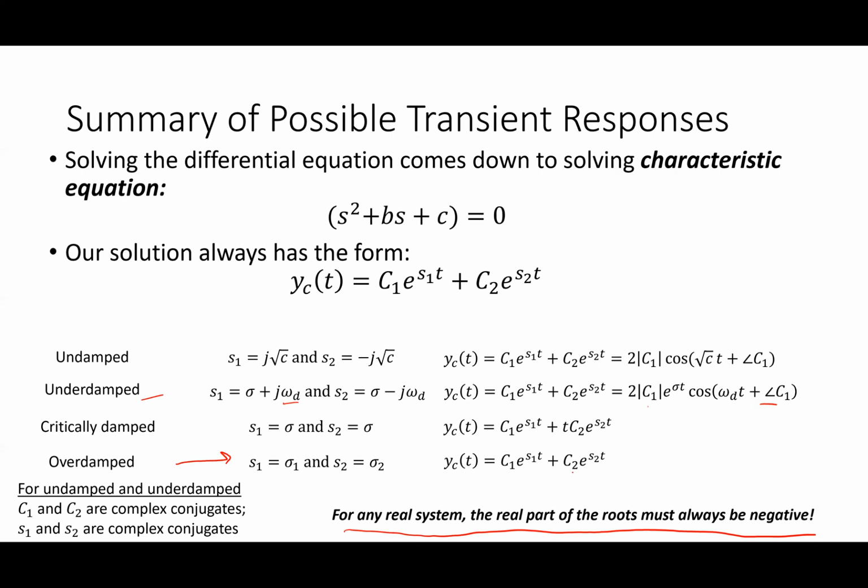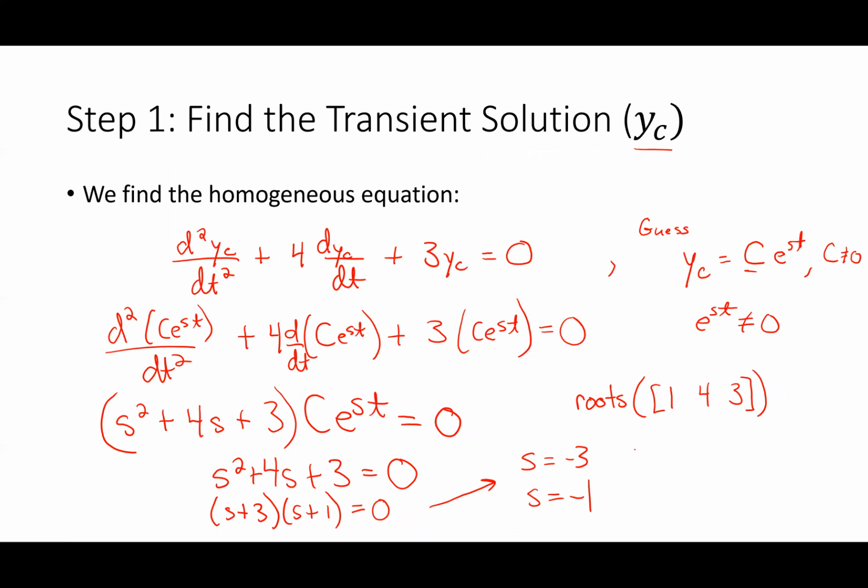That gives me a solution like the one shown here. In general, our solution is always going to be two exponentials; it's just that those exponentials may be complex. So I have C1 e to the S1t plus C2 e to the S2t, two decaying real exponentials. Later on, we're going to solve for C1 and C2. We're not quite there yet, though.